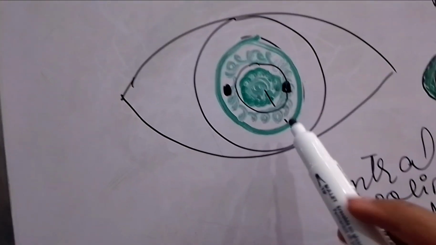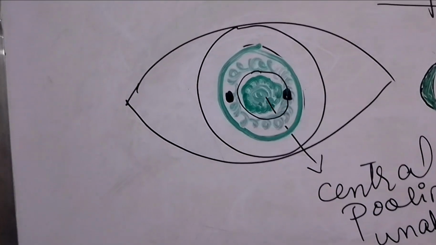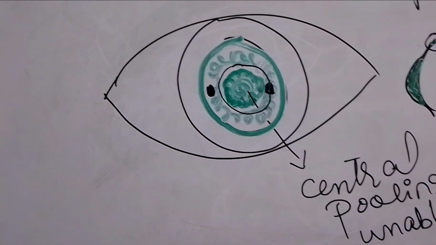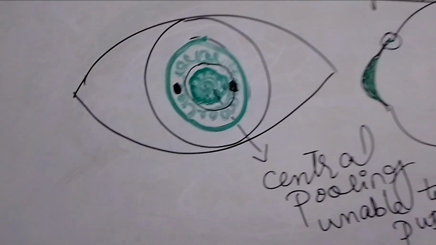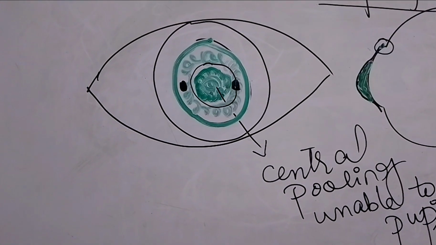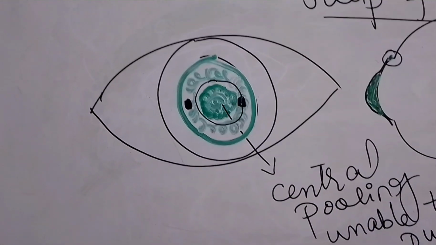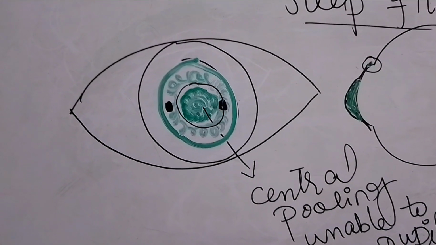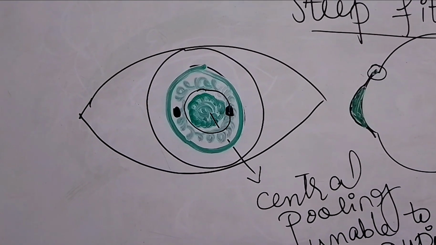This is how you will see the sharper green in the apical region, so that you are unable to see the pupil, and this gives you a hint that this is a steep fit.